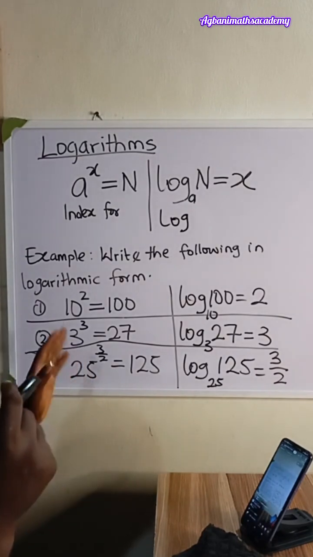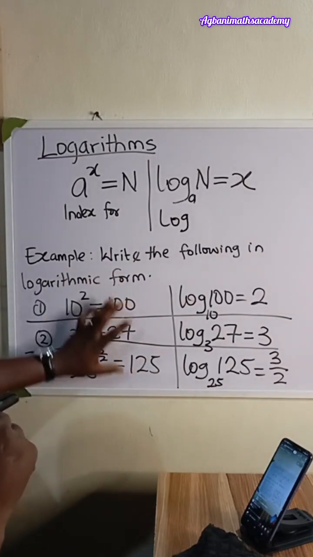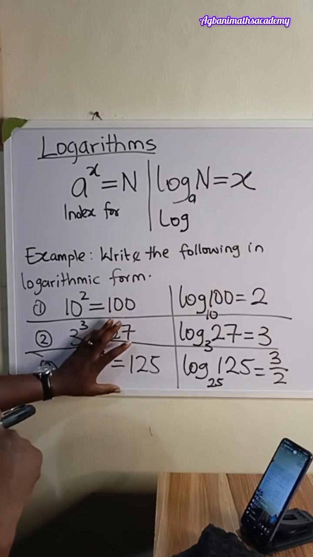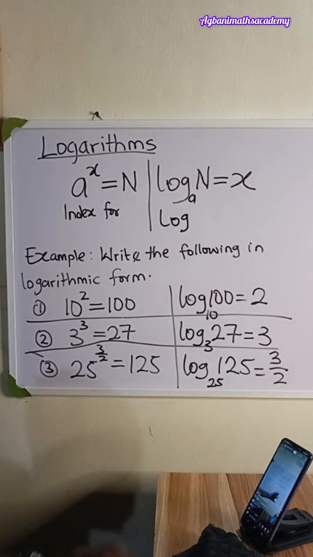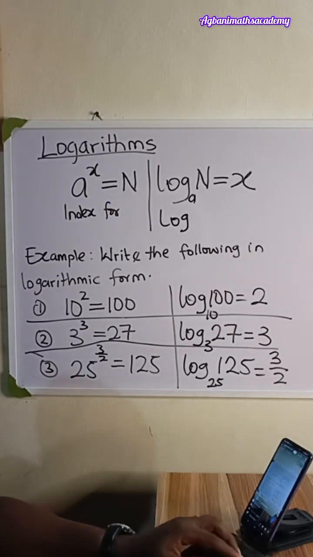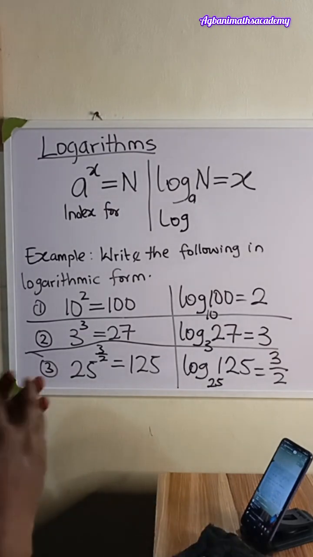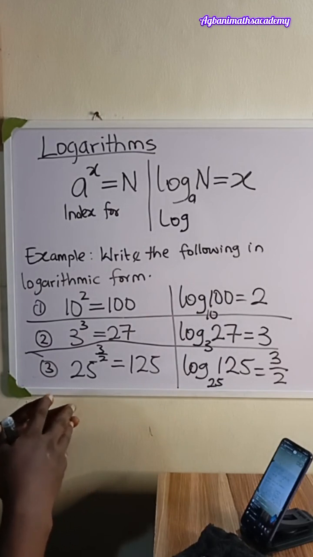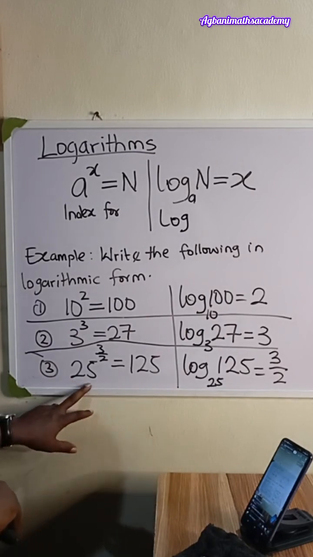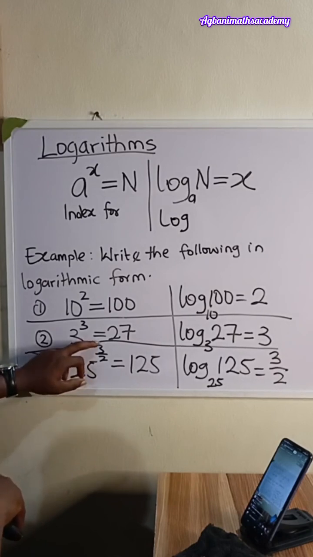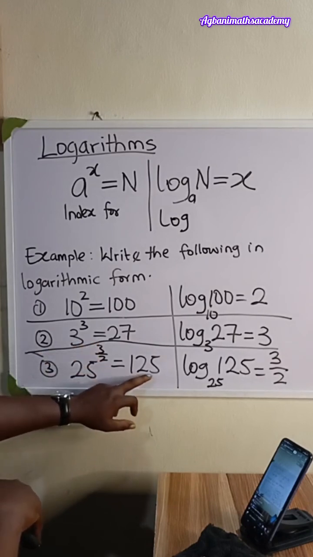So we can see that when you are given a number in index form, you can convert it to logarithmic form. Also, if you are given a number in logarithmic form, you can convert it to index form. Example 3, we have 25 to the power of 3 over 2 is equal to 125.